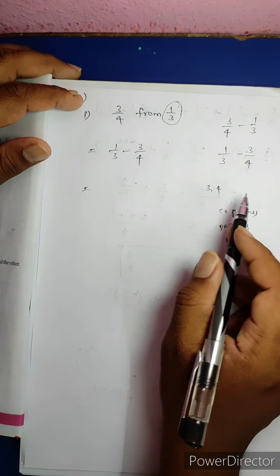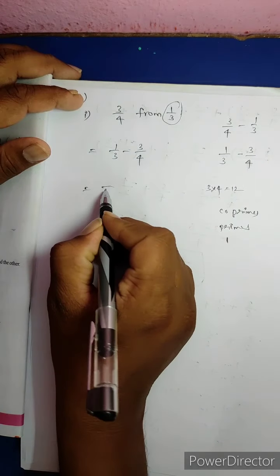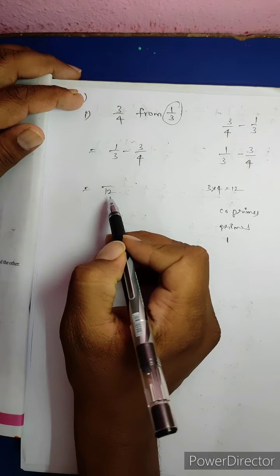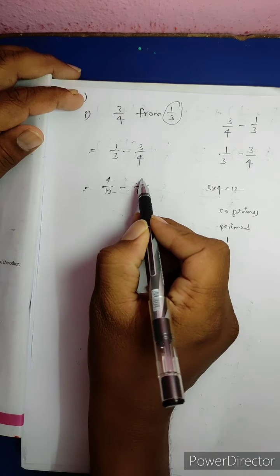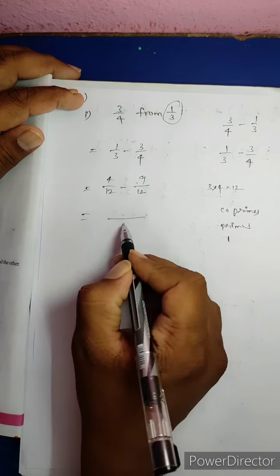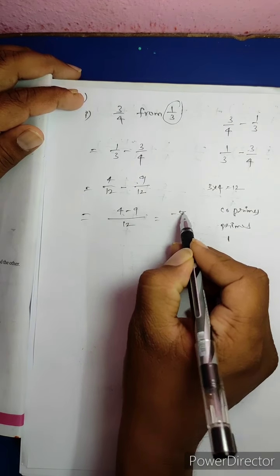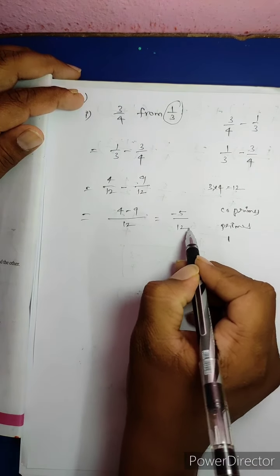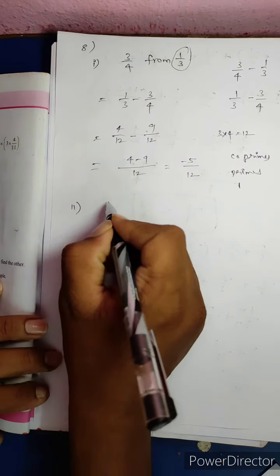For co-primes, LCM is their product. 3 4s are 12. Now 12. 3 4s are 12, 4 1 is 4, minus 4 3s are 12, 3 3s are 9. Now we can subtract directly. 4 minus 9 is equal to minus 5 by 12. This is the answer. Now next, second one.